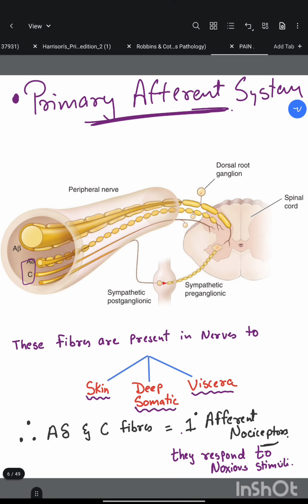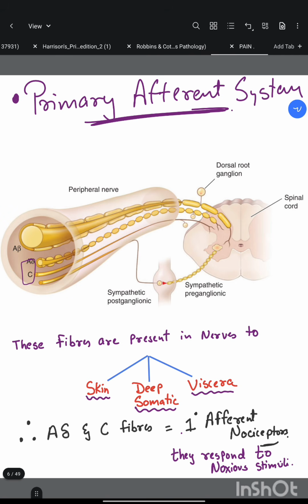And one more thing, this sympathetic ganglion and these postganglionic sympathetic fibers are also small fibers. They are also termed C fibers. These fibers, A delta and C fibers, are present over the skin, deep somatic tissues, and viscera.